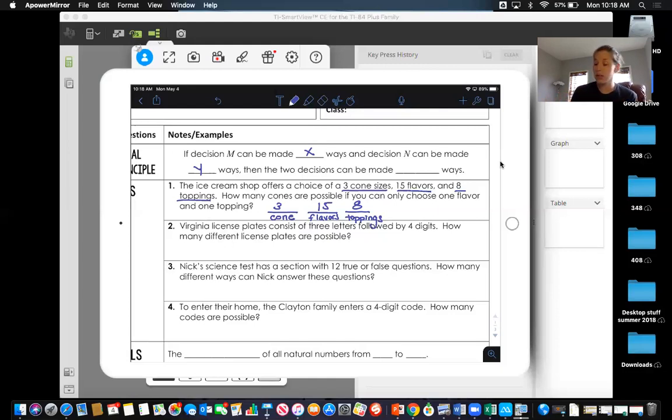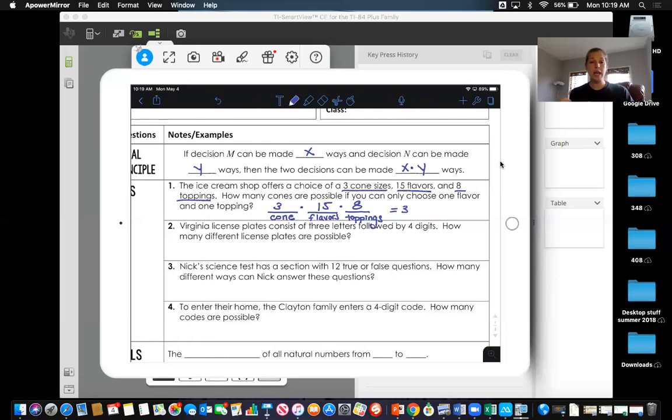Then the decisions can be made, and what you do with a slot method is you multiply all of those numbers. So for us, we're going to multiply 3 times 15 times 8. So we have 45 times 8, which would be 360.